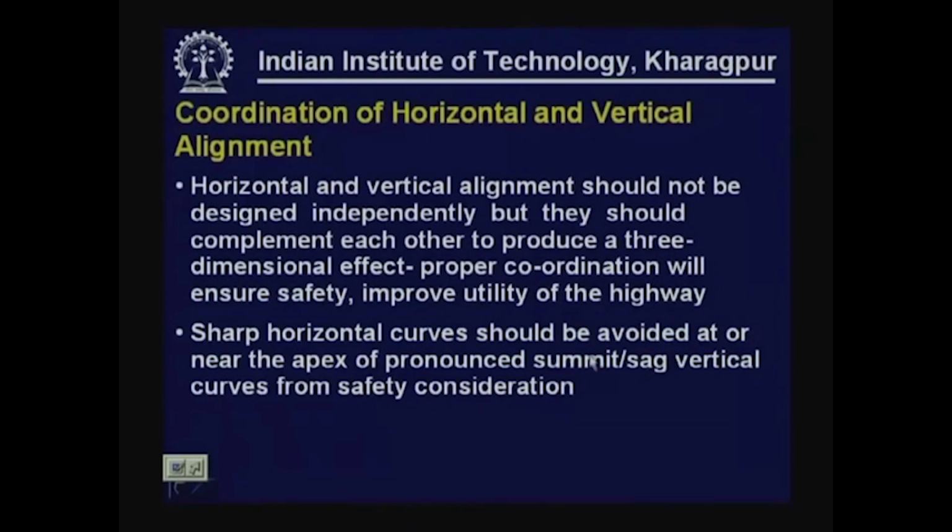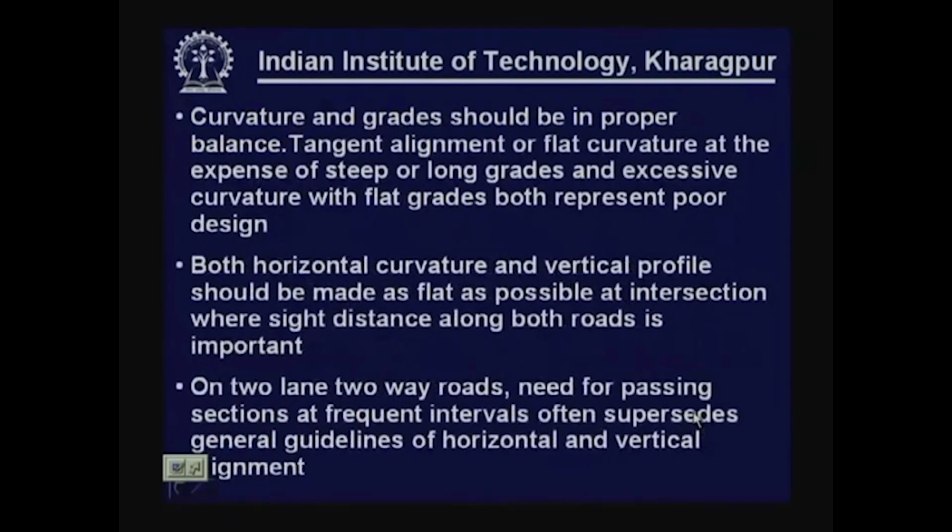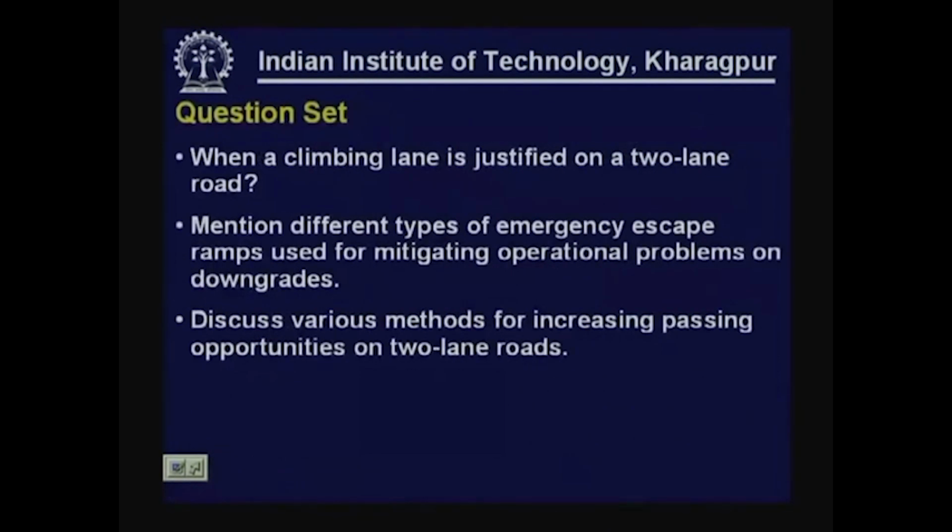Sharp horizontal curves should be avoided at or near the apex of the pronounced summit or sag vertical curves for safety consideration. Curvature also should be designed properly. Both horizontal and vertical curves should be made as flat as possible and to give an overall better 3-dimensional set.